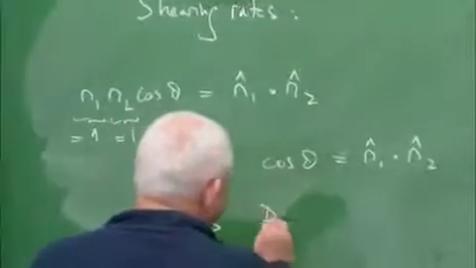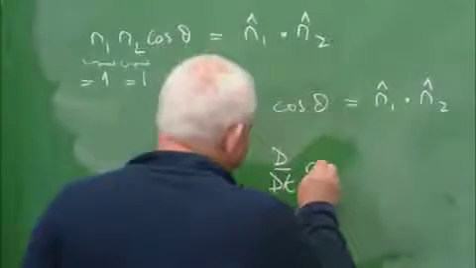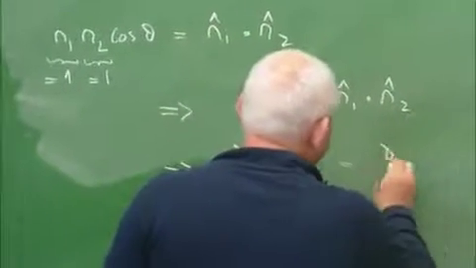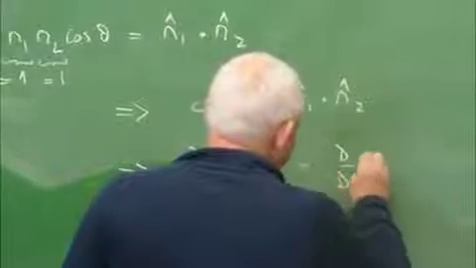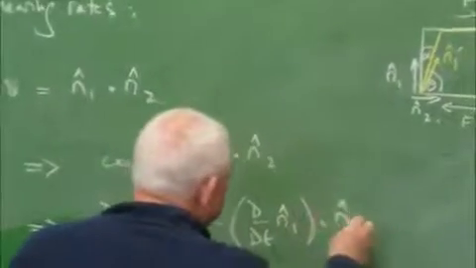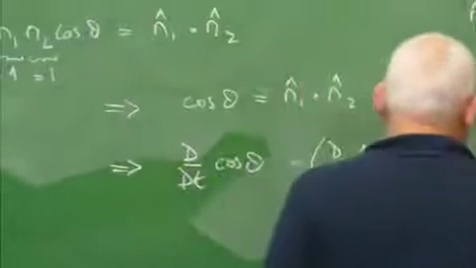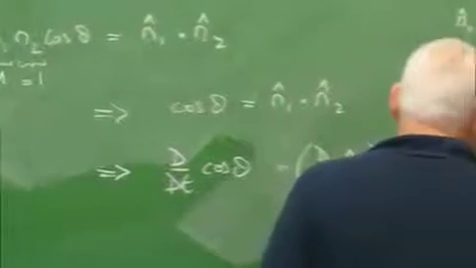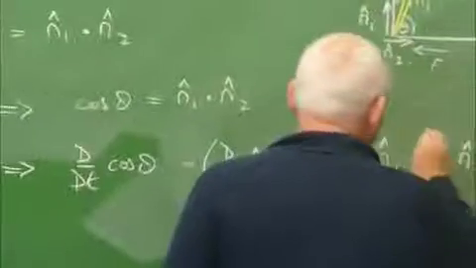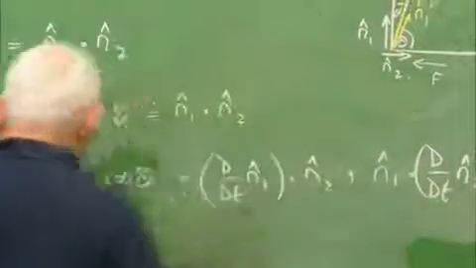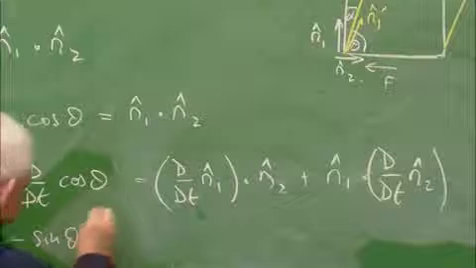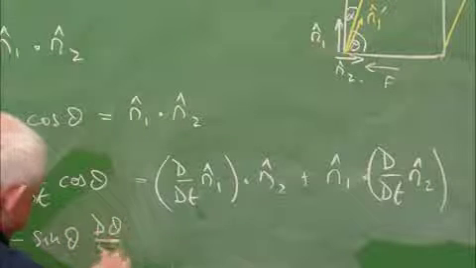This means that I work out d by dt of cos theta, and this will then be d by dt of n1 hat dotted with n2 hat plus n1 hat dotted with d by dt of n2 hat. d by dt of cos theta is minus sine theta, d theta by dt.